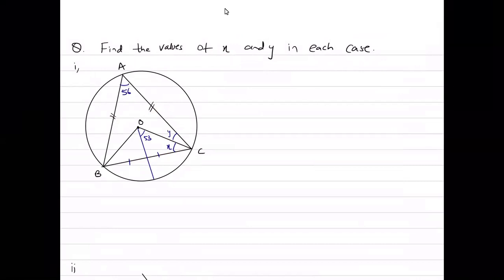See, this is radius and this is radius. And the line is dividing the chord BC into two halves. So as per the property, if you know that the line is passing through the center and divides the chord BC into two equal halves, do you agree that this angle is going to be 90 degrees?